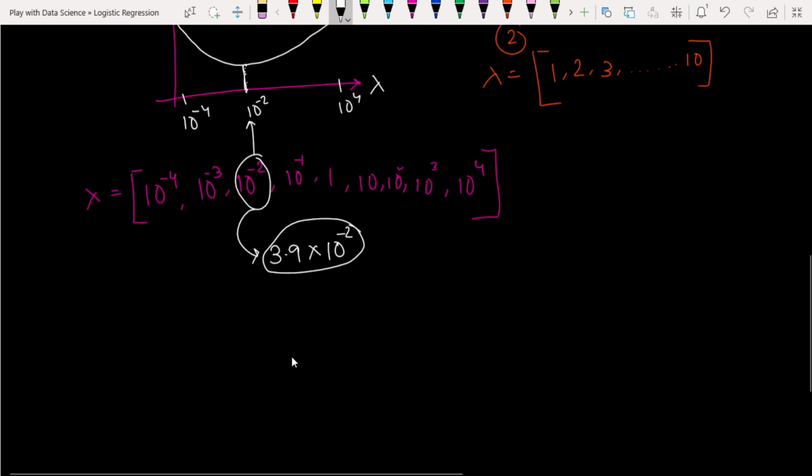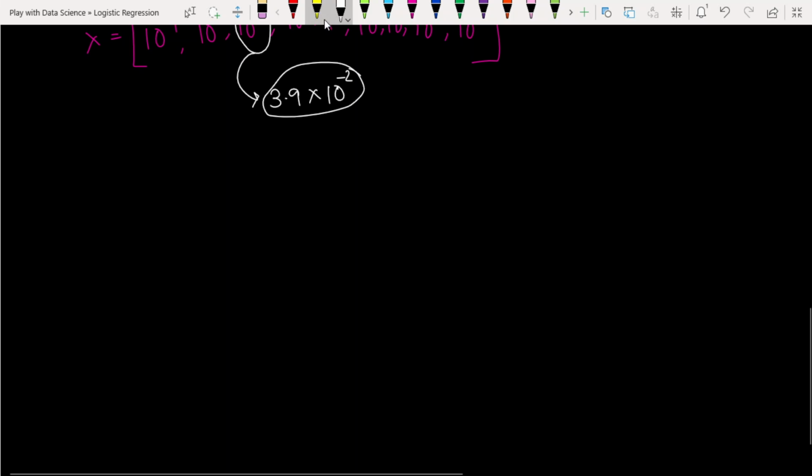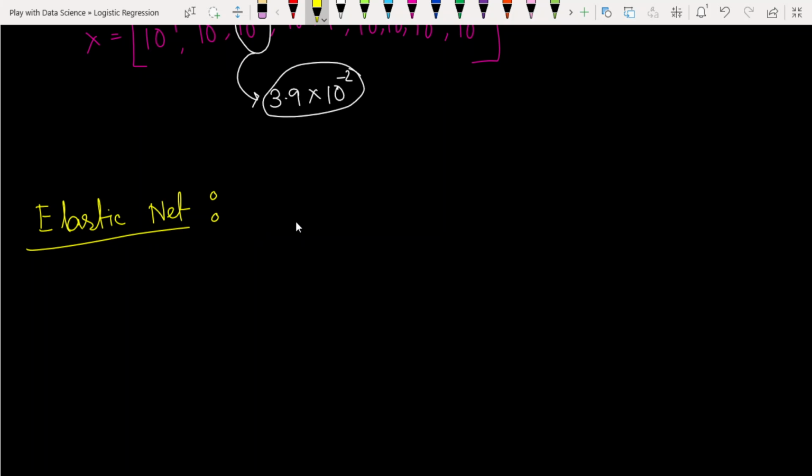so now all about the elastic net. In L1 regularization and L2 regularization we have learned about the elastic net. Simply, this is not a neural network. I have already spoken about elastic net previously. Here in elastic net we take two parameters, lambda 1 as well as lambda 2.